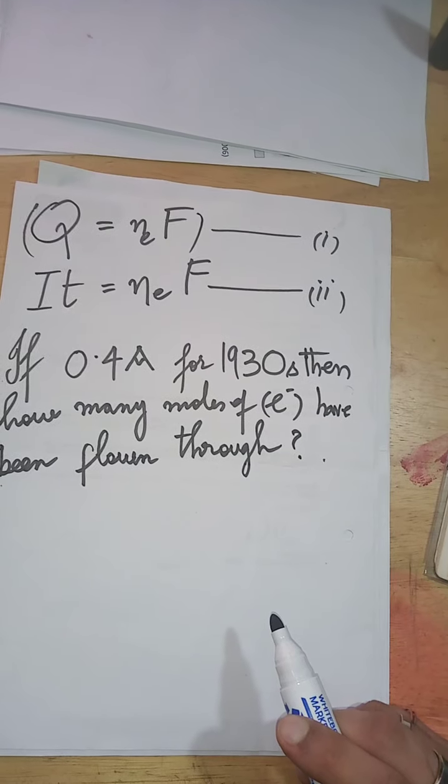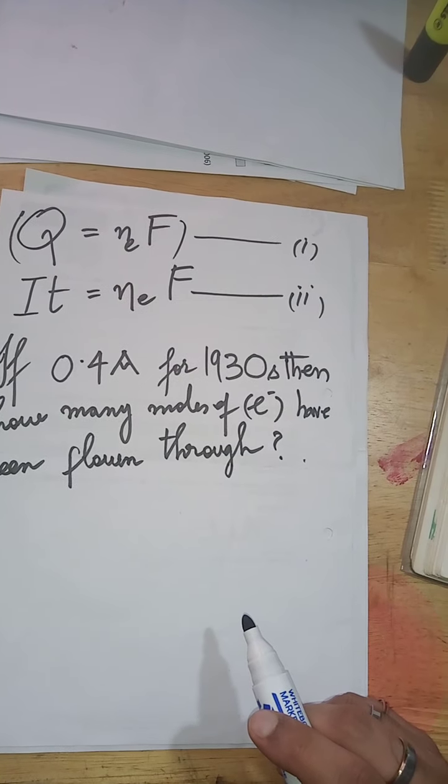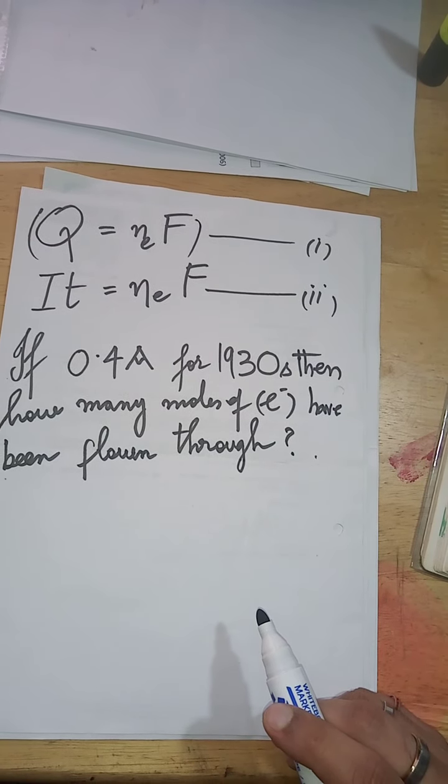If 0.4 amps has been passed for 1930 seconds, how many moles of electrons have flowed through?